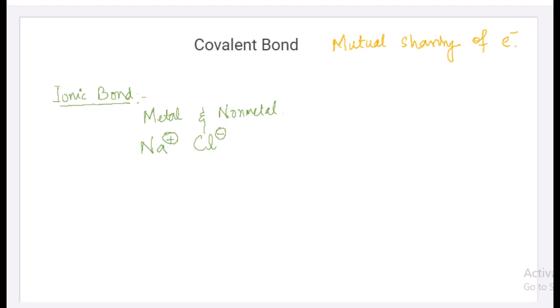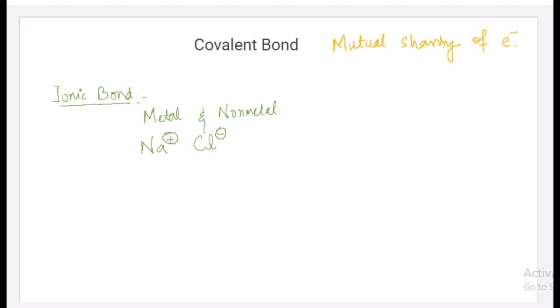So Aisha, can you tell me whether a metal can form the covalent bond? Is it possible for a metal to form the covalent bond? No. Metals cannot form the covalent bond because they already have the excess electrons. They lose the electrons, right?